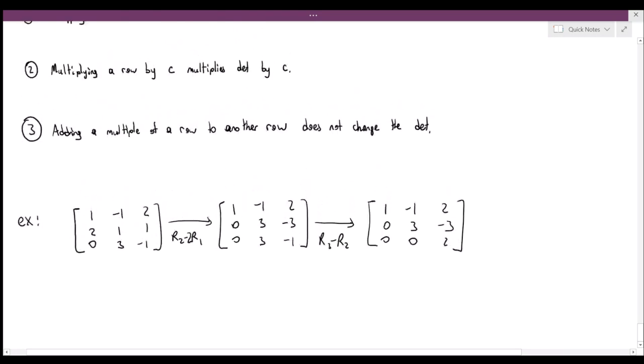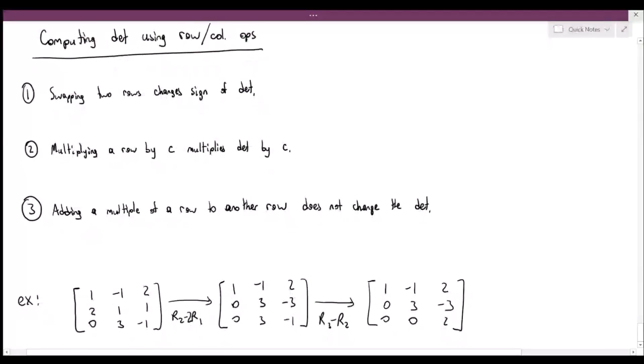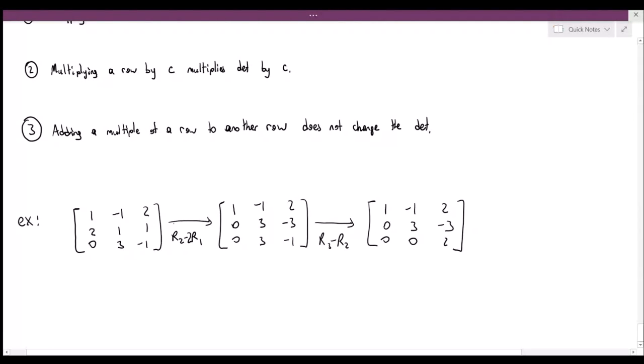According to these 3 rules that I wrote down, all I've done is add multiples of rows to other rows. So that doesn't change the determinant.